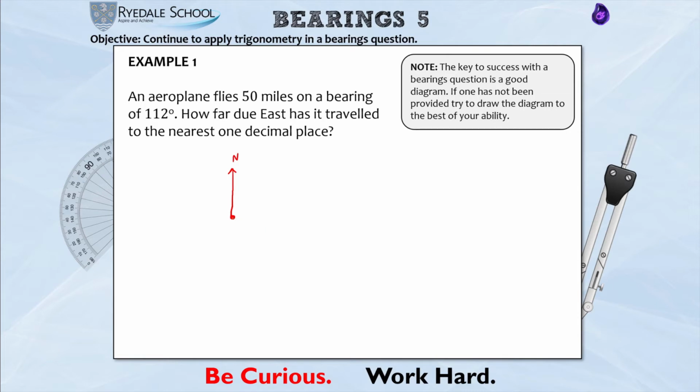So 112, I'm not measuring it out, I'm just approximating, is that. And that line is going to represent my 50 miles. So that's where the plane started. That is where it currently is. And the angle that I currently know is this one here, 112.